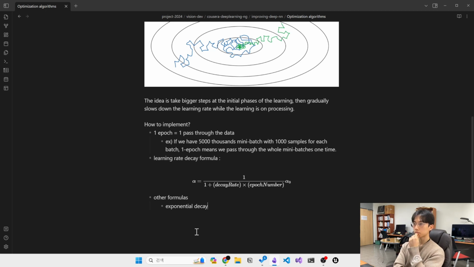Other formulas that people use are things like alpha equals some constant over the square root of epoch num times alpha 0, or some constant k, another hyperparameter, over the square root of the mini batch number t times alpha 0.